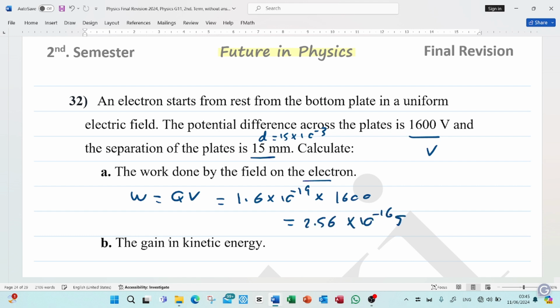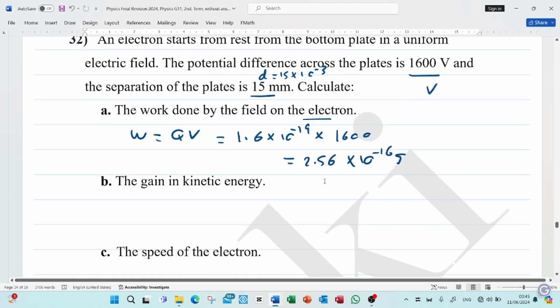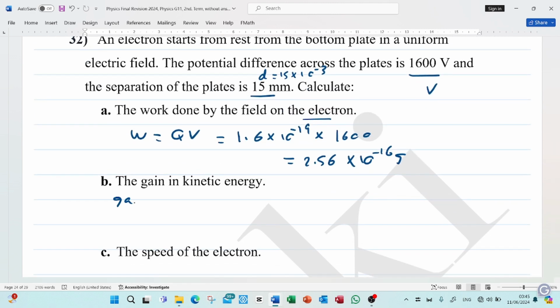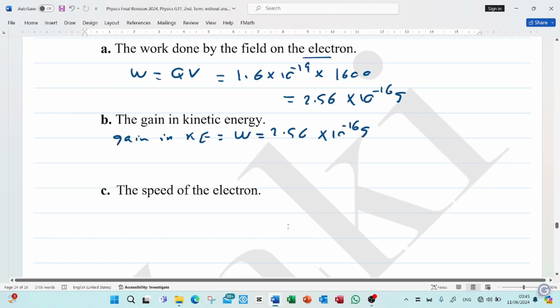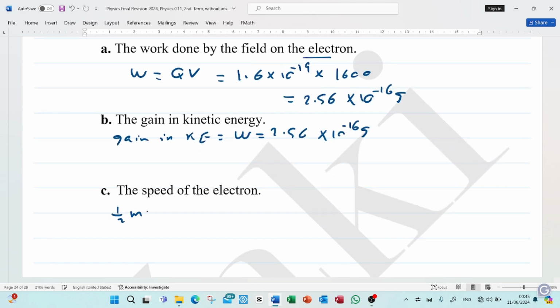The gain in kinetic energy equals the work done, which equals 2.56 times 10 power negative 16 joule. The speed: half mv squared, we use the formula to get the speed. So half mv squared, this is the gain in kinetic energy, equals the work done, 2.56 times 10 power negative 16.